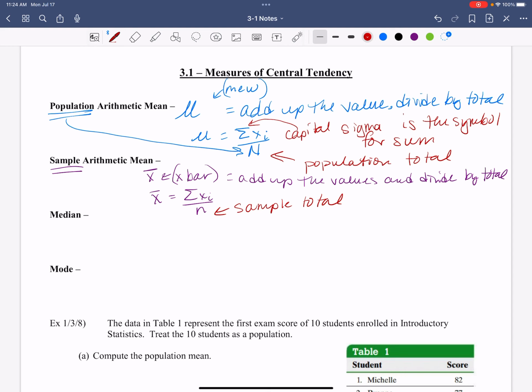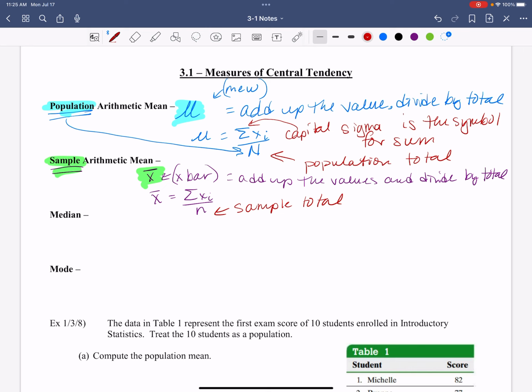So the key to this one is that you have this symbol of mu, that's your population mean, and you have this symbol of X bar, that is your sample mean. Those are here forever. Anytime you see mu, you know that's a population mean, and X bar is the sample mean. Okay. So let's keep on keeping on, because this is good stuff, right?